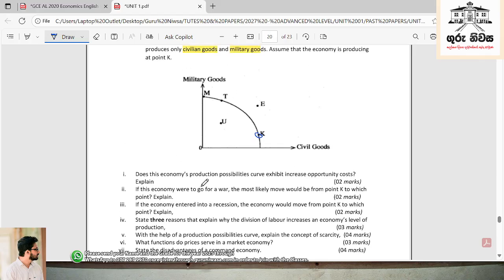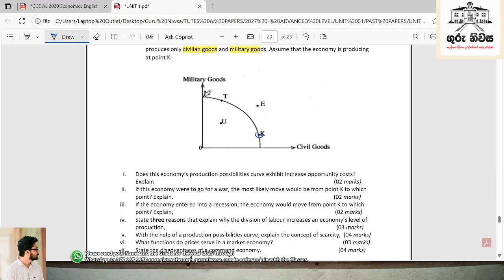Does this economy's production possibilities curve exhibit increased opportunity cost? Explain. Yes, kids. Why? Punara, what is the answer? Because the graph is concave. Concave to origin, kids. So no doubt.